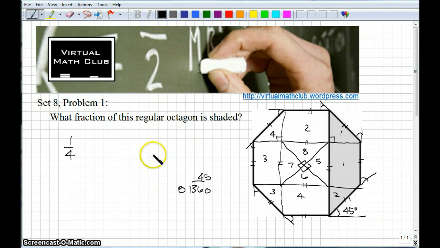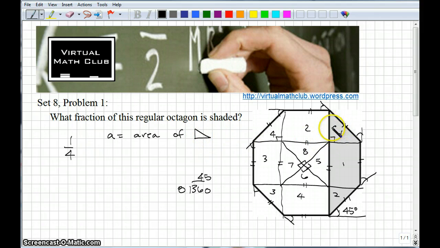You can also define a couple of variables. I'm going to call A the area of the triangles. That doesn't look like a 45, 45, 90 triangle, but that's what I mean. It's the area of this triangle.